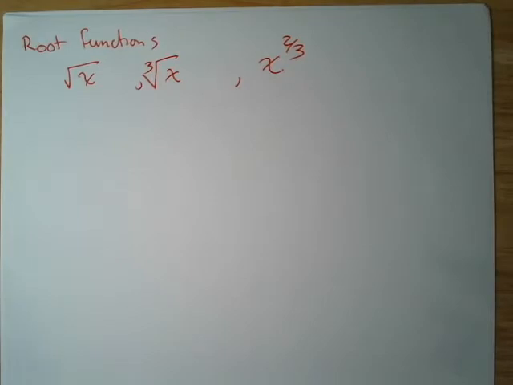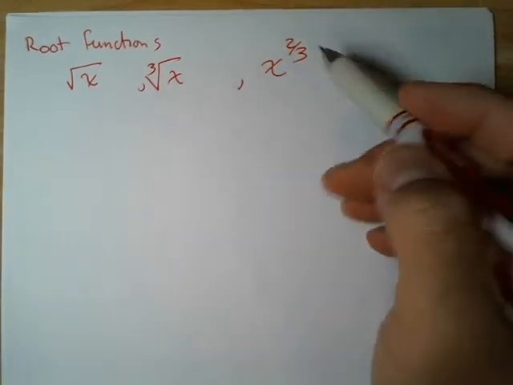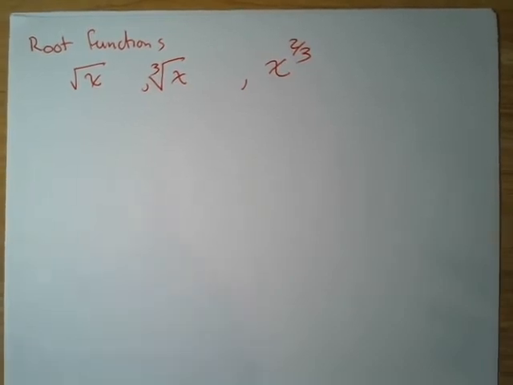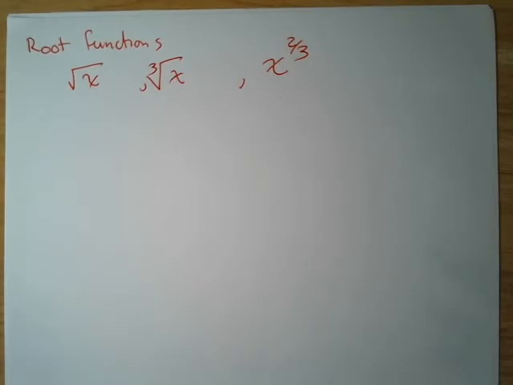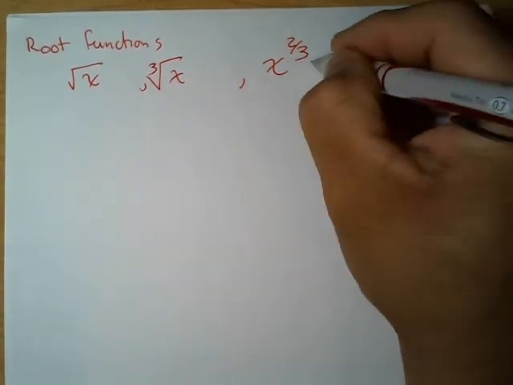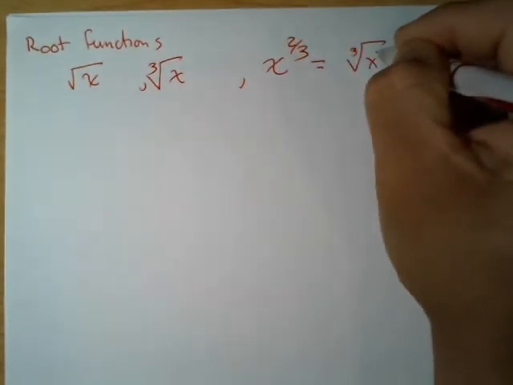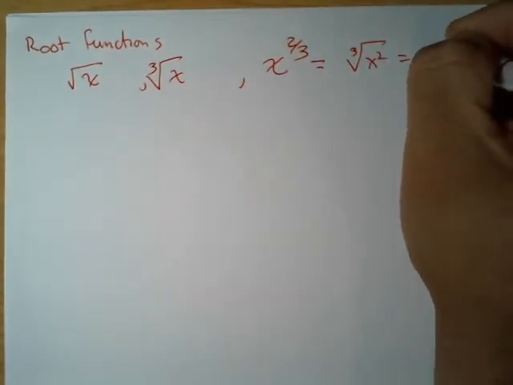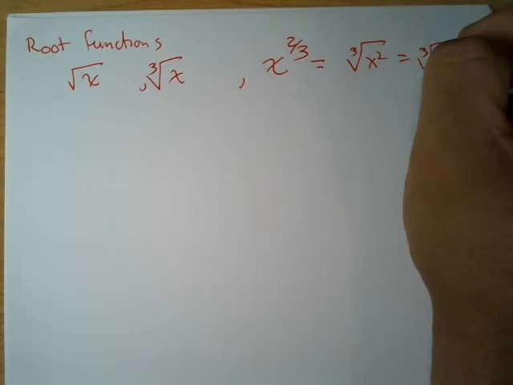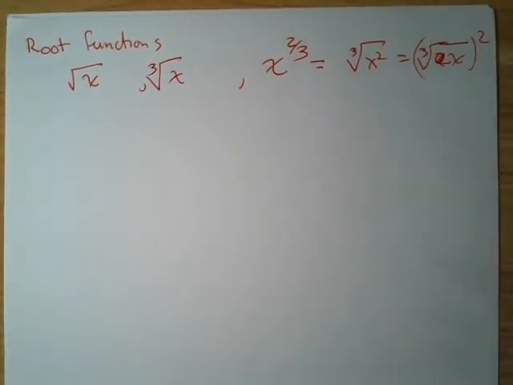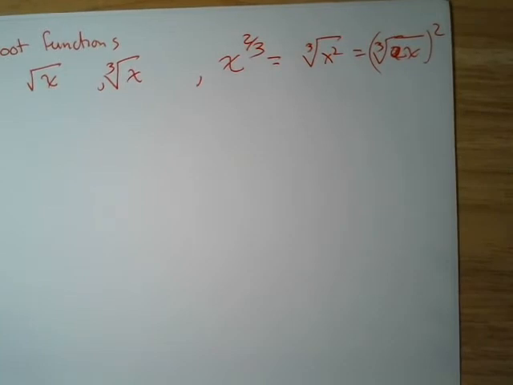Whenever I'm referring to rational exponents, I'm always going to assume that it's in lowest terms. If it isn't, then you can always reduce it to lowest terms. Okay, so that's what it means when we have a rational exponent.